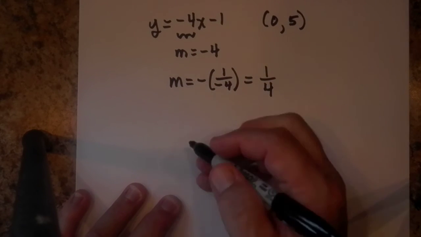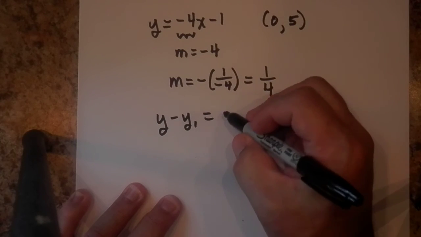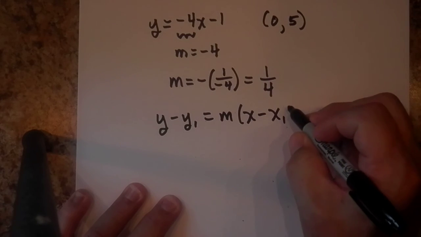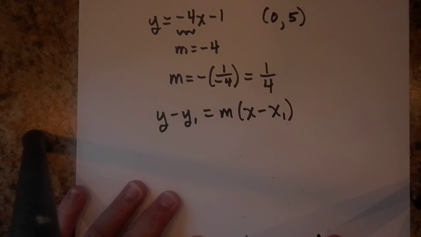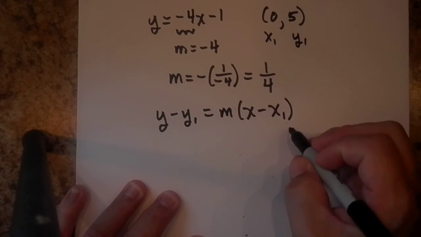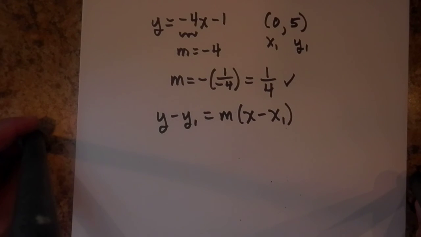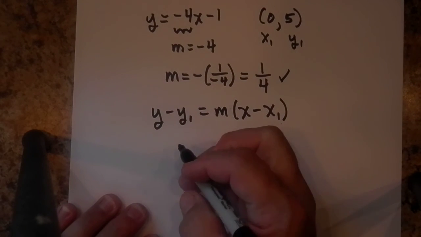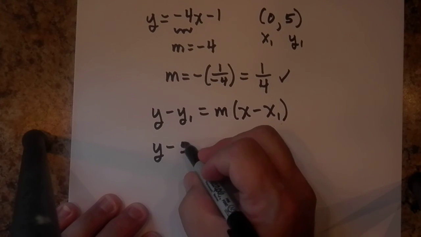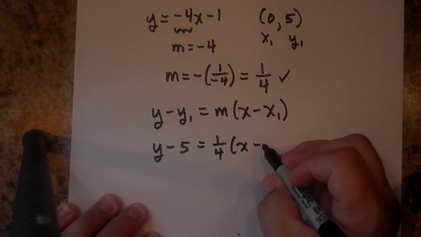So I'm going to go back to my point slope form for the equation of a line, and then put in the values I know. Here's x1, y1. Here's my slope. So let's get started. y minus 5 equals 1/4 times x minus 0.